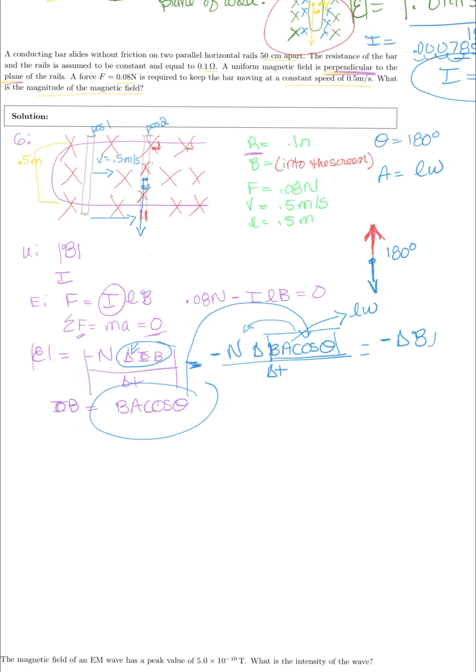So we can say that we have BL, but there's going to be a delta W. And our cosine, that's not changing either. If we look at our picture, it's the same amount of area of the plane to the direction of the B field the entire time. So that's not changing. So we have BL cos theta.